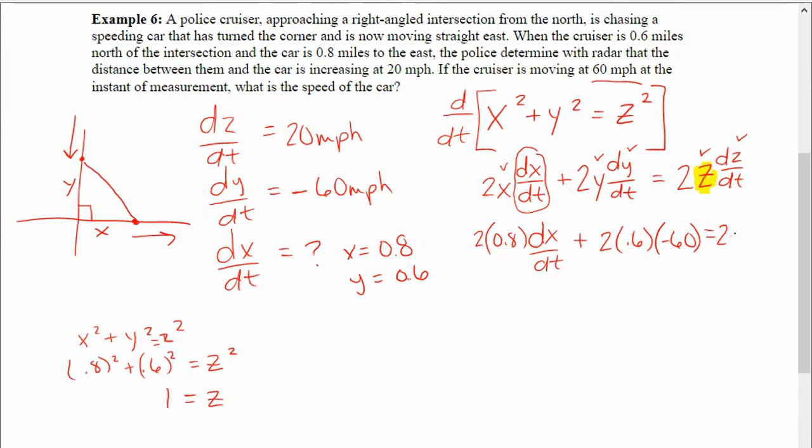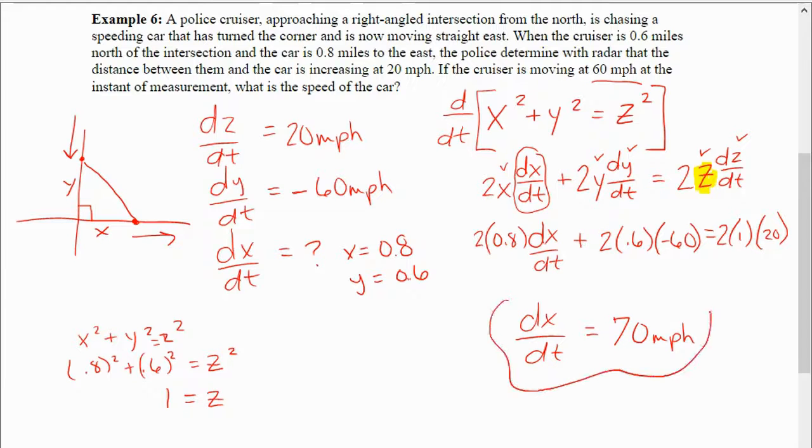Equal to 2 times 1 times 20. All right, there is everything all plugged in. Go ahead and solve it. See what you get. For dx/dt, math magic in there. And you should get that the car is traveling at 70 miles per hour. So if he's on an intersection, I don't know what the speed limit is on this road, but he is going 70 miles per hour.